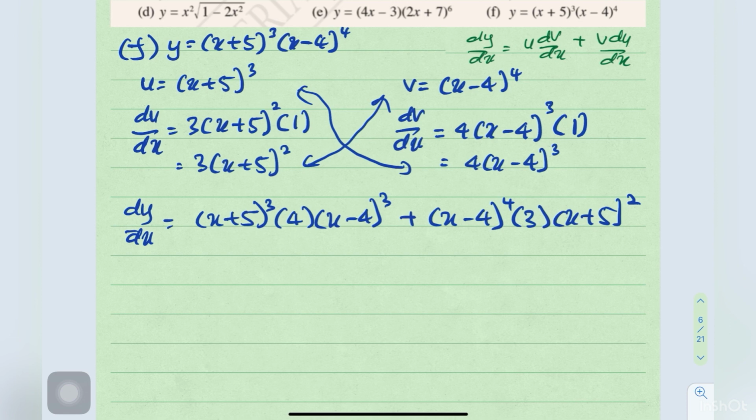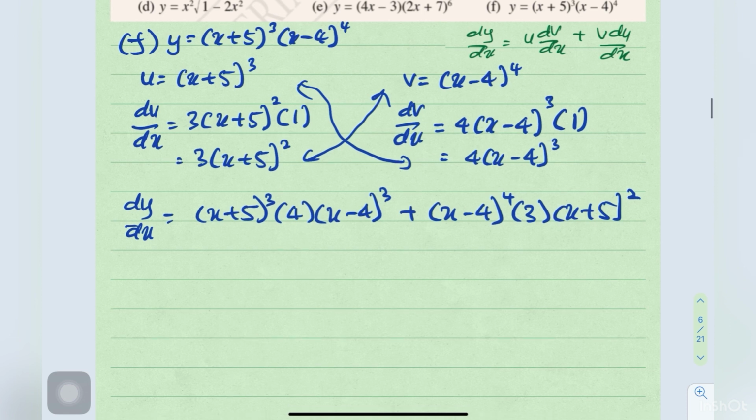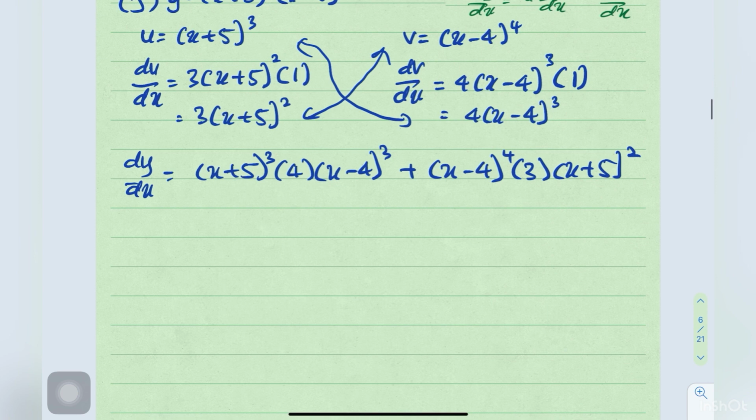If you can see here, you can factorize two things, this one and this one. You can factorize straight away, but I think for this one I want to factorize one by one.